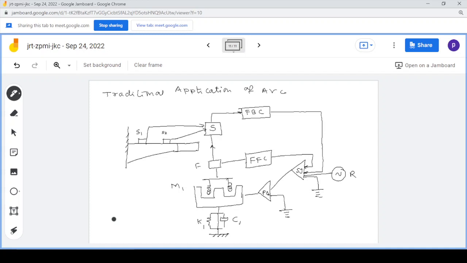Because of applications like this, vibration control by electromagnetic actuators is possible.